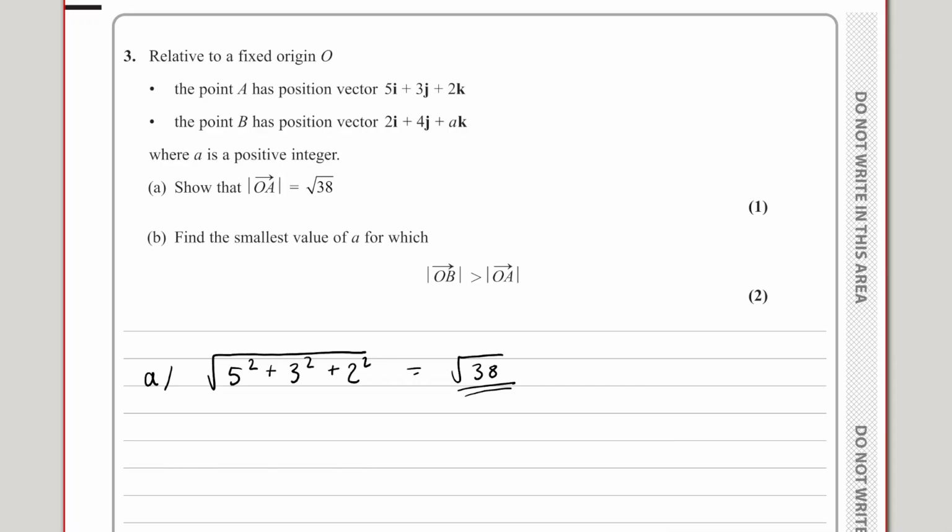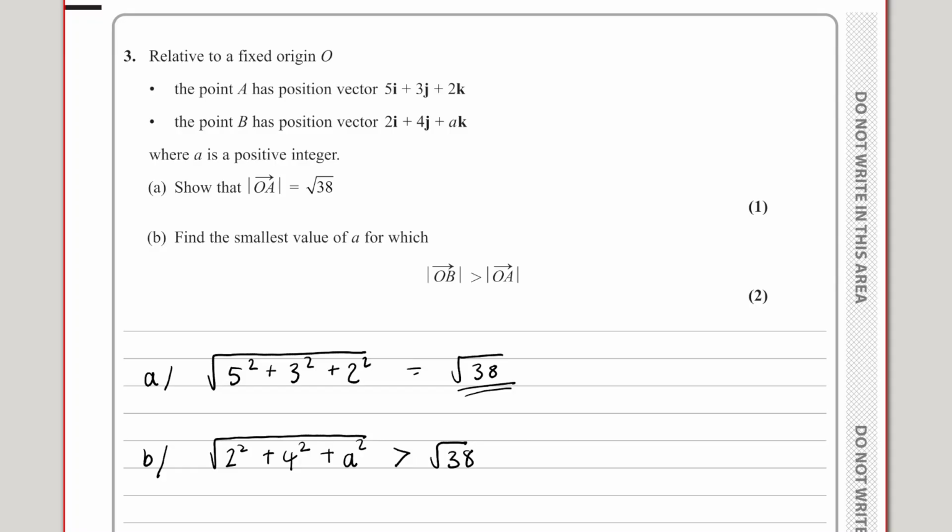Part b, find the smallest value of a for which OB is greater than OA. So OB is the square root of 2 squared plus 4 squared plus a squared, and it's got to be greater than square root 38.